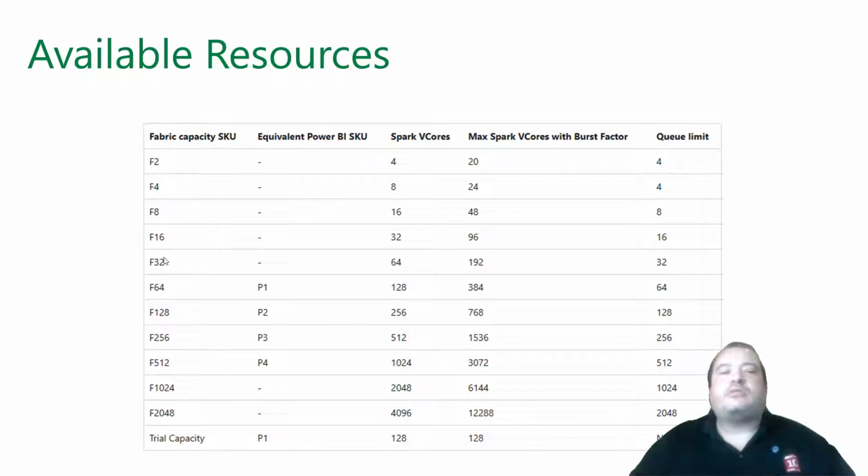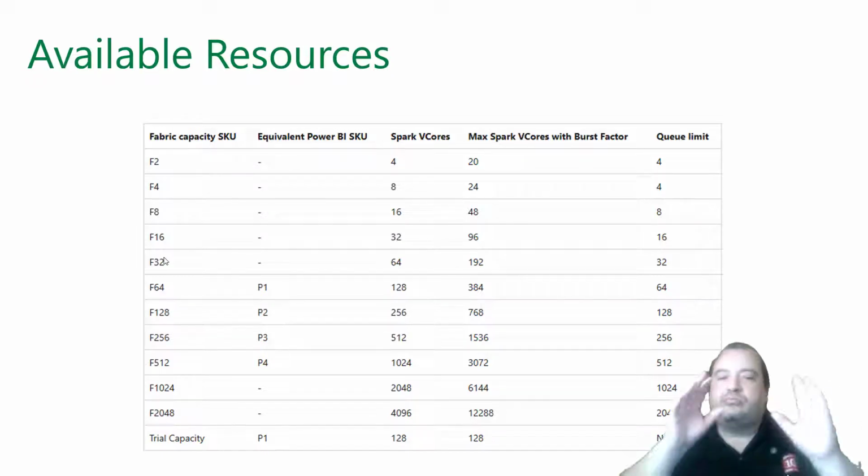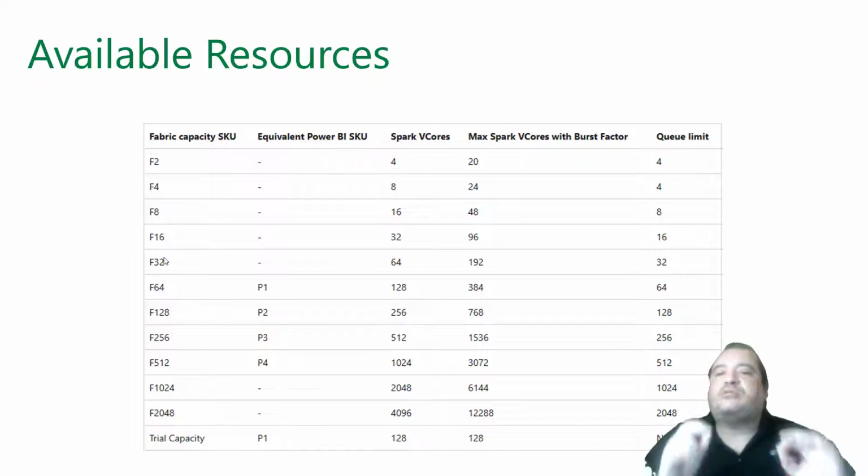And what about the resources we have available? This is the matrix of SKUs and the resources each SKU provides. One of the most famous SKUs is the F64, because the F64 is also the SKU used for the trials. Every trial we have has an F64 size. And the number of vCores this SKU supports is 128.